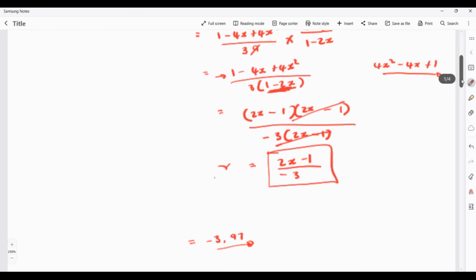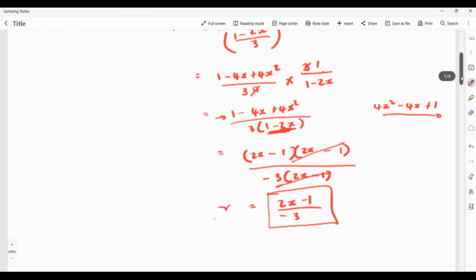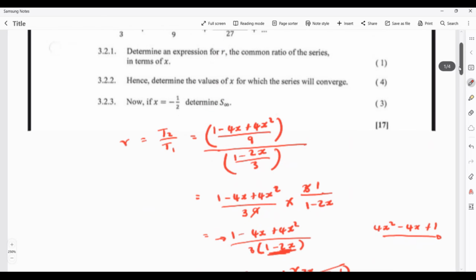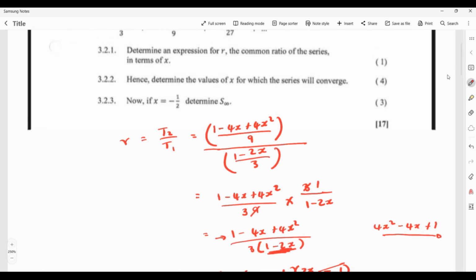Now we're done. Having done that, we have our r in terms of x. And then they also said, hence, determine the values of x for which the series will converge. For now, you must know that when a series converges, negative 1 must be less than r, but r must be less than 1.